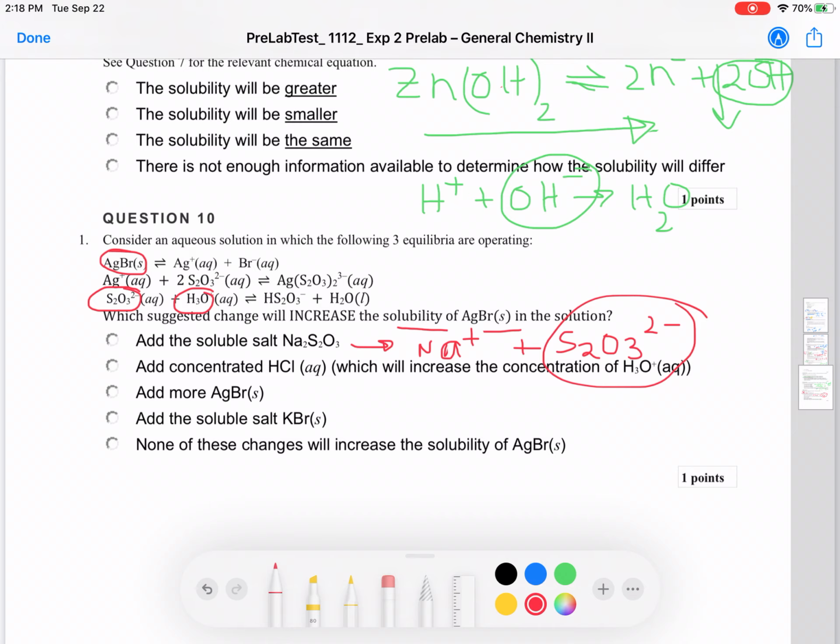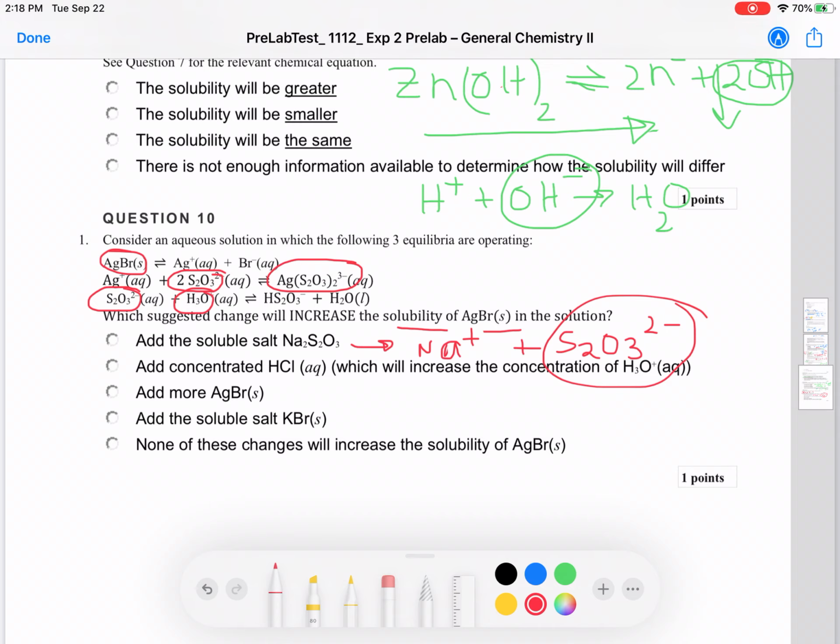So then the formation of this compound increases. When you add more of the thiosulfate, the silver ion is going to react with this one and form silver thiosulfate.